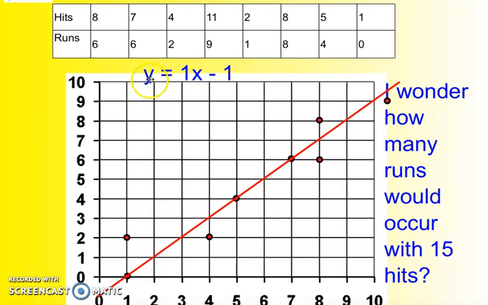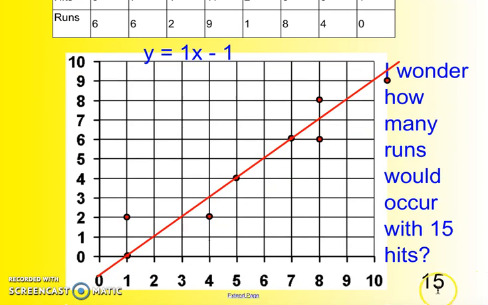So if I wanted to figure out number of runs, and I know that there's 15 hits, couldn't I take this 15 and plug it in for x? Isn't 15 the x coordinate? Yes, actually it is, because hits are x's, runs are y's.